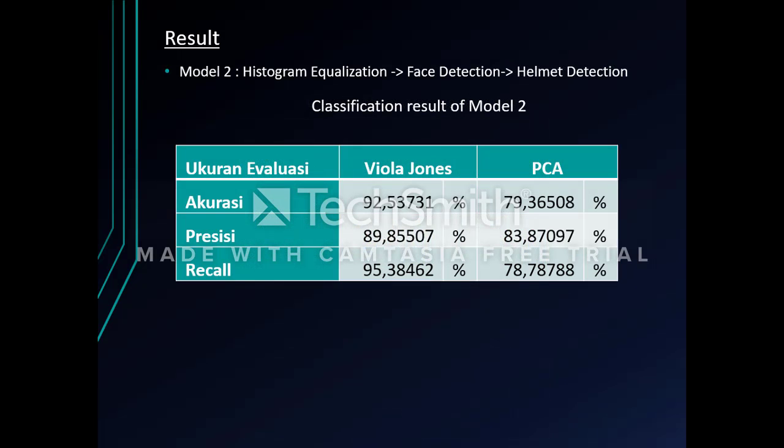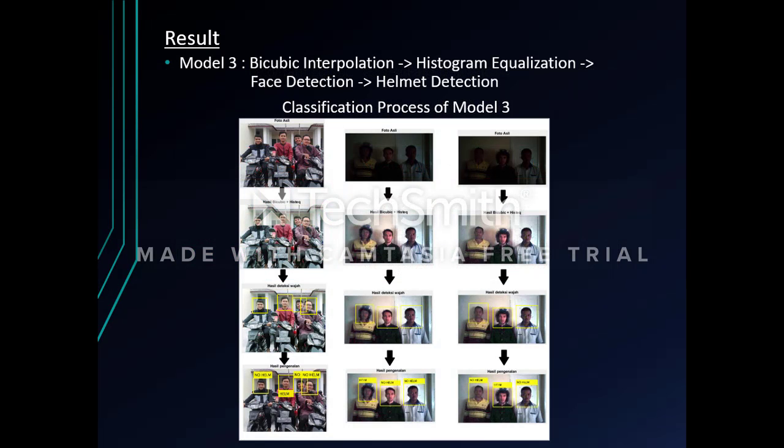And this is the classification result of the second model. The PCA is at 79% accuracy.